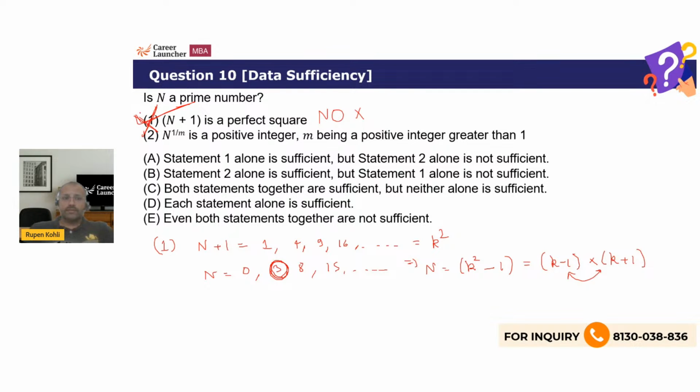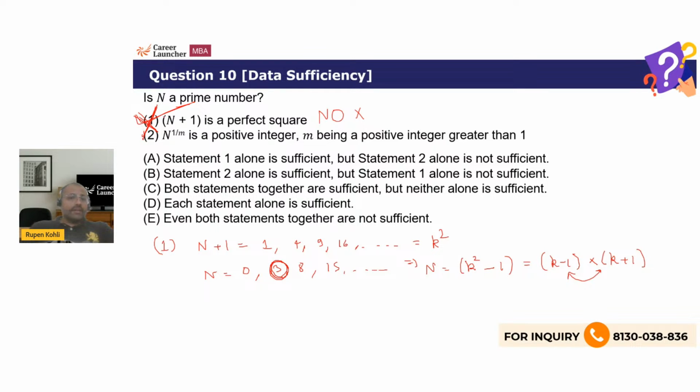Perfect. So yes, this statement could have been sufficient except for one exception, 3. N could be a prime number because this value 3 comes in between. So yes, 1 into 3 makes it prime.